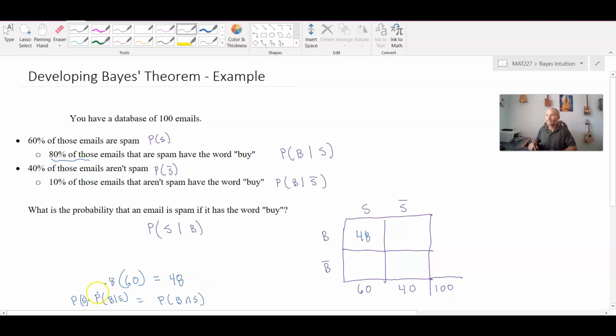I've reversed these just to make it look like we were looking at all spam emails and then multiplying it by the likelihood that a spam email has the word buy in it.